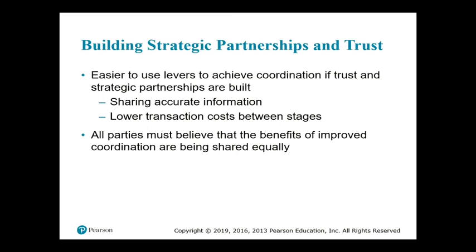Generally, a high level of trust will allow a supply chain to become more responsive at lower cost, and actions such as sharing information and changing incentives will typically help improve the level of trust.